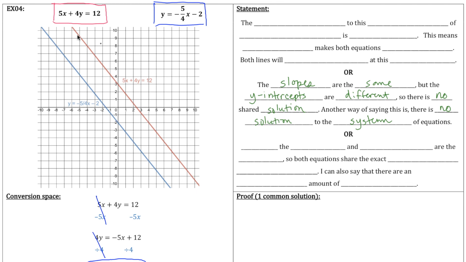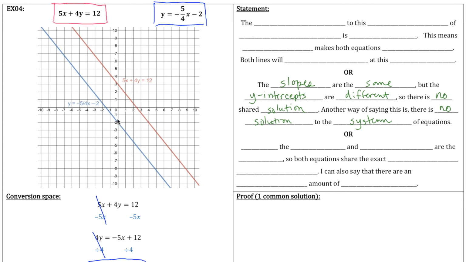Like I said, they share the same slope, so they both go down 5, right 4, down 5, right 4, down 5, right 4. This one does too, down 5, right 4, down 5, right 4.